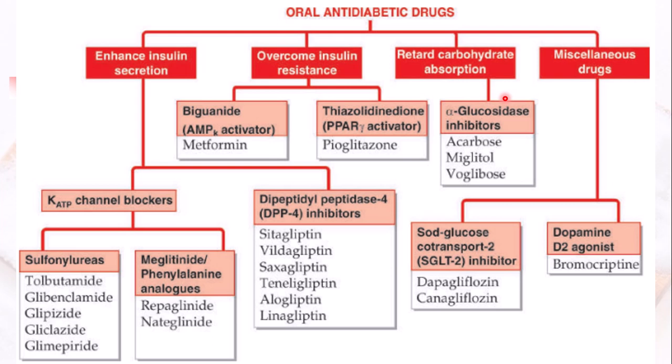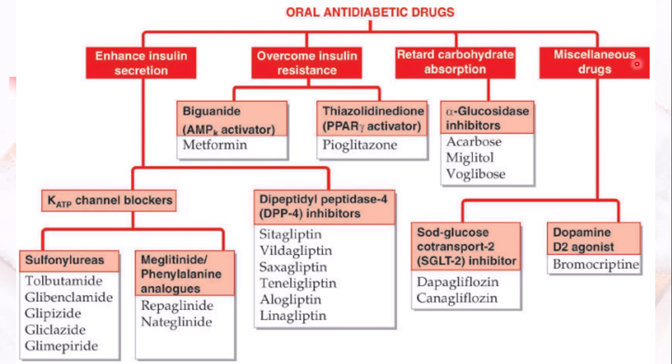So that's how they carry out their mechanism of action. They are indicated for type 2 diabetes mellitus patients. Adverse effects are associated with GI distress and flatulence. Flatulence is the accumulation of gas in the stomach or in the GIT. Yeah, that is it.